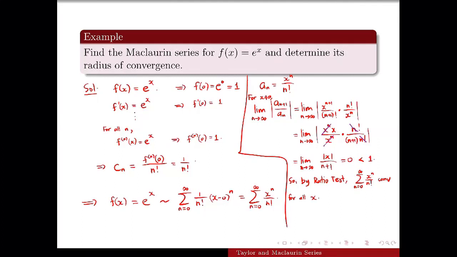So f of x, this is your e to the x. We now have the equality: it is equal to the sum of x to the n over n factorial, from 0 to plus infinity, for any x in the set of real numbers.